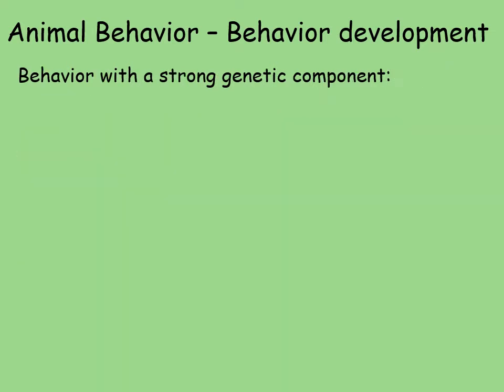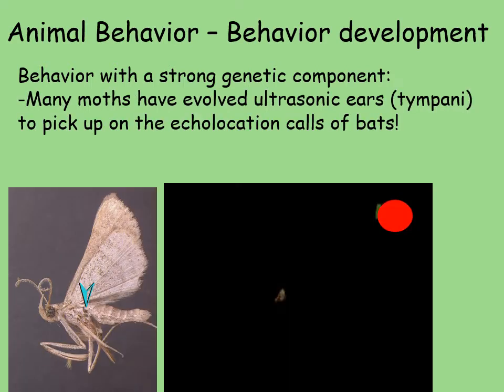Let's start with behaviors that have a strong genetic component, that you could refer to as genetically hardwired, with the caveat that although they're genetically hardwired, they would not show up unless there is a normal nurturing environment during development. So moths have evolved ultrasonic ears, which are called tympani.